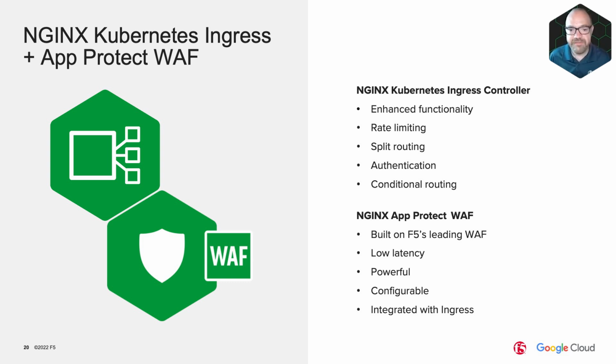But the F5 NGINX AppProtect WAF is built on F5's leading WAF. So if you go and look at the WAF evaluations out there, you'll find that the F5 Big IP Advanced WAF, we love naming things long at our company, is a really powerful industry-leading WAF. We took the core of that code and we loaded it into a lighter weight, lower latency component that you can run alongside inside of your ingress controller as part of your Kubernetes traffic management solution.